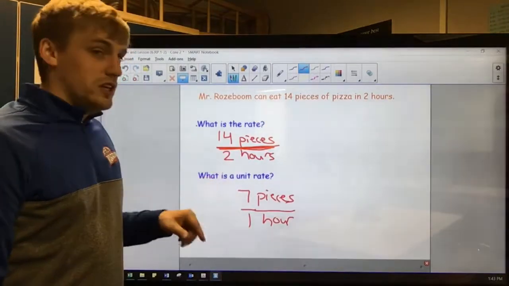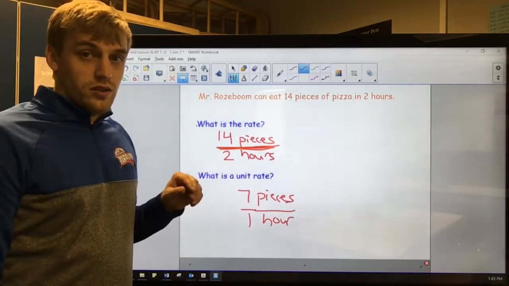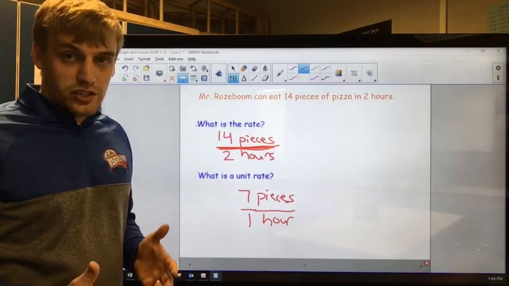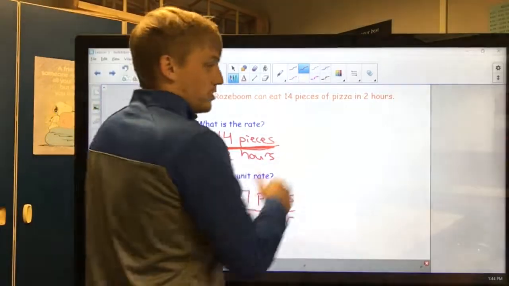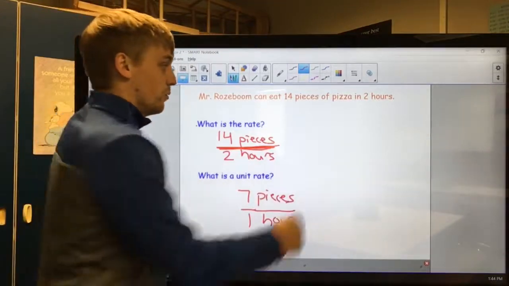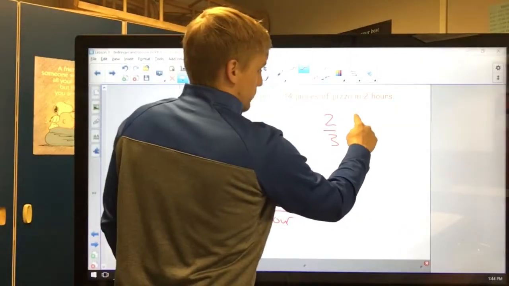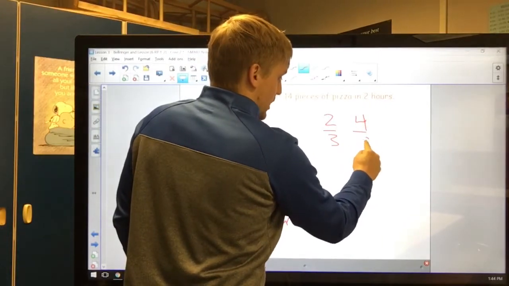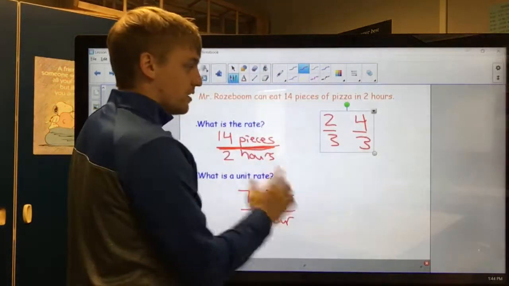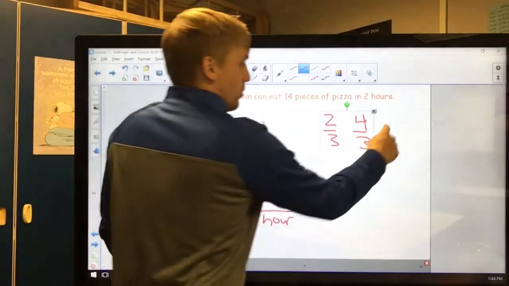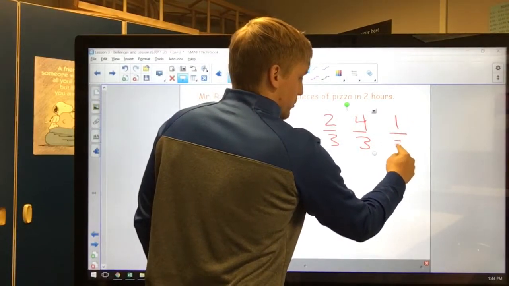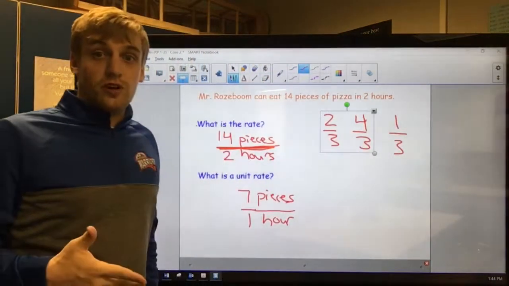Unit means 1. If we have a unit fraction, when we talked about fractions at the way beginning of the year, we had proper fractions and improper fractions. Something else that we talked about though was a unit fraction, and a unit fraction was when there was a 1 in the numerator.